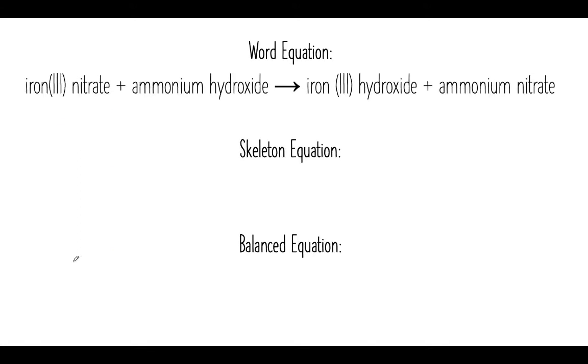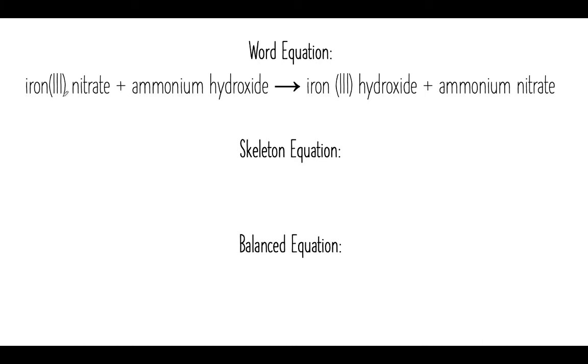Okay, so let's get used to starting with the word equation, writing the skeleton equation, and then balancing it as well. If I'm given the word equation, all I would have to do is write the chemical formulas for all of the compounds that I see.